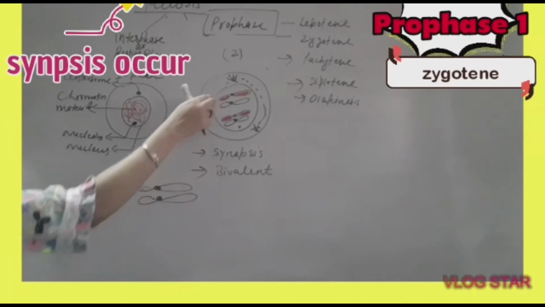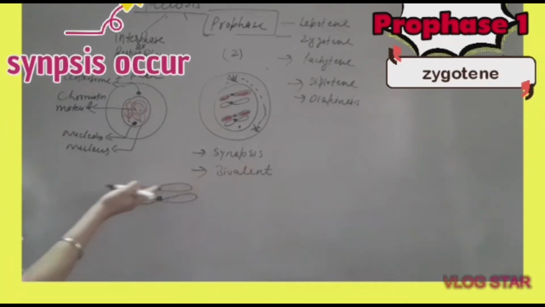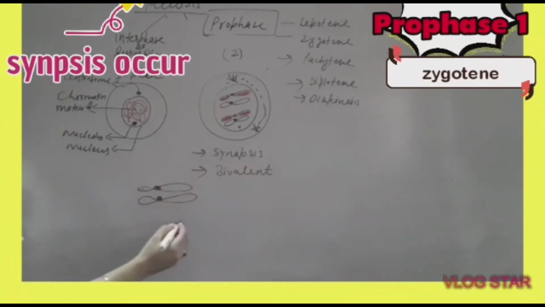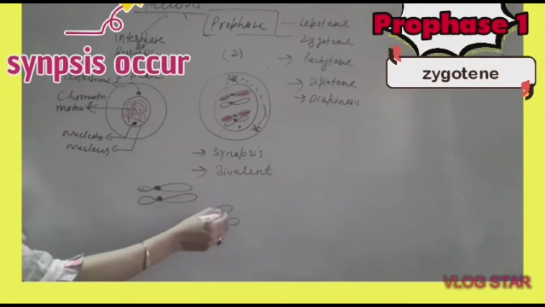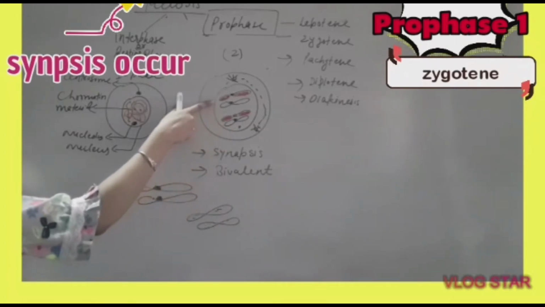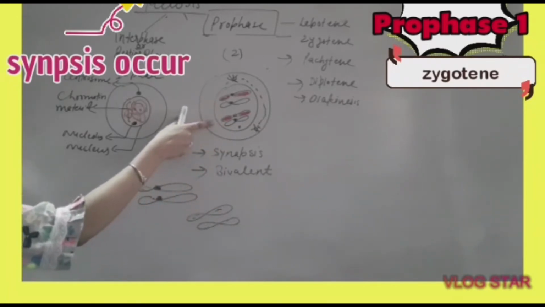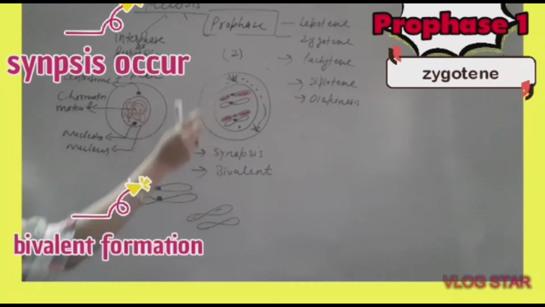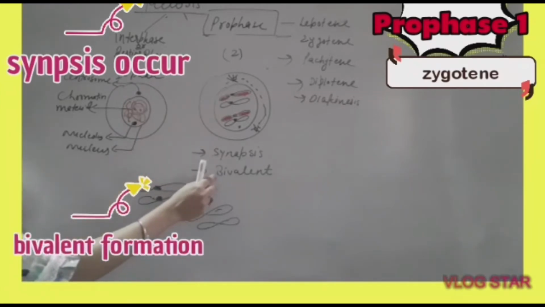Now they synapsed. What is synapsis? Parallel arrangement of homologous chromosomes is known as synapsis. In synapsis, two homologous chromosomes are arranged in such a way that it appears like this is one pair and this is another pair. So it seems like two chromosomes. That is why it is known as bivalent.